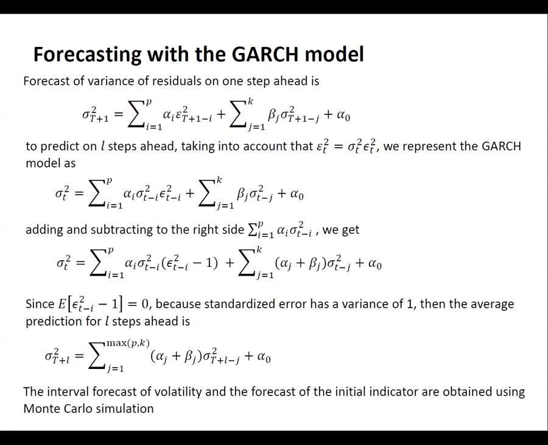This is our average forecast, respectively. The interval forecast of volatility and the interval forecast of the initial indicator based on ARMA plus GARCH are obtained, again, using simulation modeling, and there we already don't have a normal distribution for the initial indicator, just like in the ARCH model.